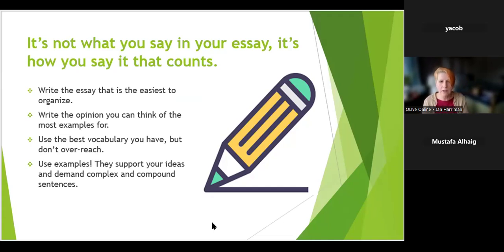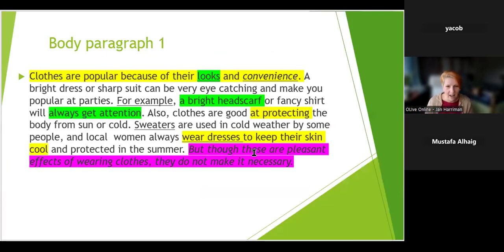Use the best vocabulary you have, but try not to overreach. Try to make sure that you're using words that you're confident with. And most importantly, use examples. They support your ideas, they fulfill the requirements of the essay, if you remember from the marking scheme, and they demand compound and complex sentences. Let's go look at that for a second. Okay.